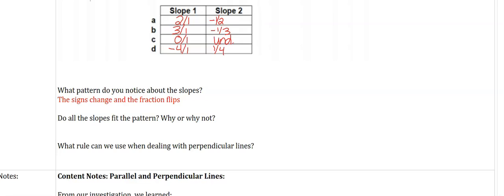Well, we can definitely see that graphs A, B, and D fit this pattern, but it could be a little confusing for graph C. Now remember, undefined means that our bottom part of the fraction, the denominator, is 0. So we have some number over 0.